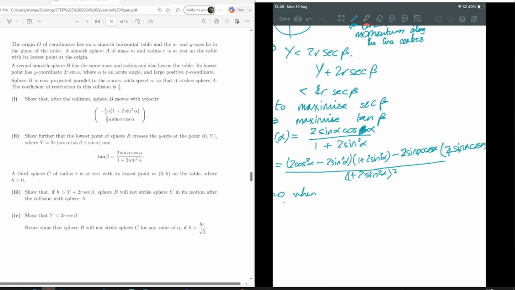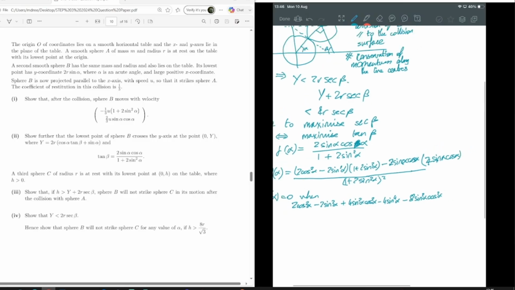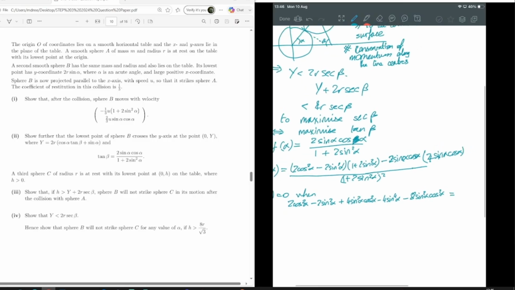So this is going to be 2 cos squared alpha minus 2 sine squared alpha plus 4 sine squared cos squared minus 4 sine to the 4, eek, that's not very pleasant, minus 8 sine squared cos squared. And this thing is equal to 0.